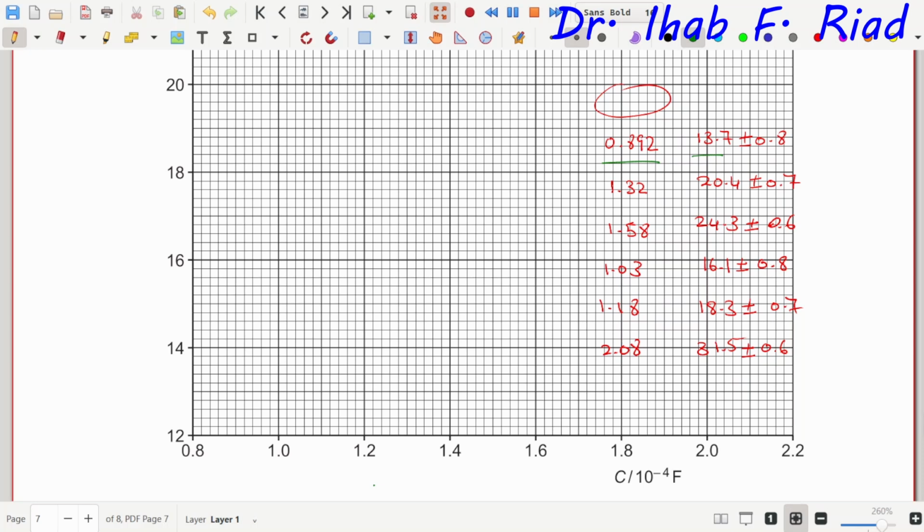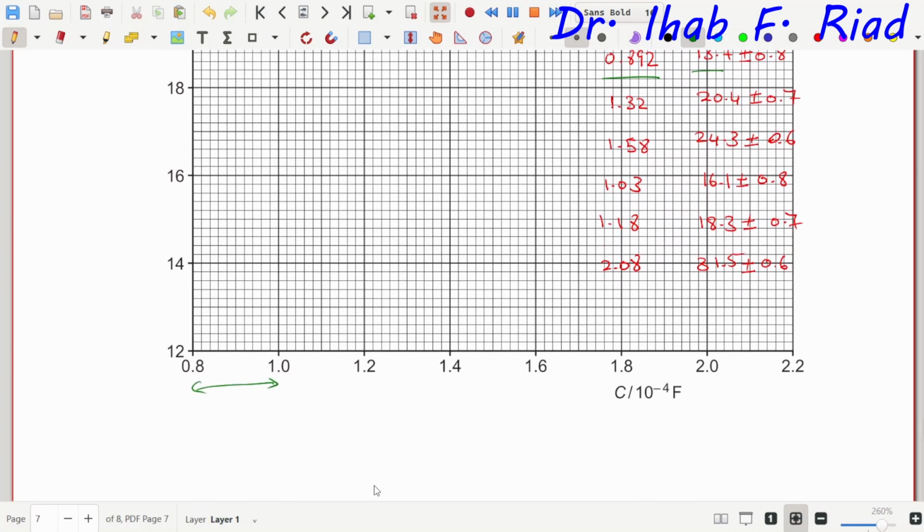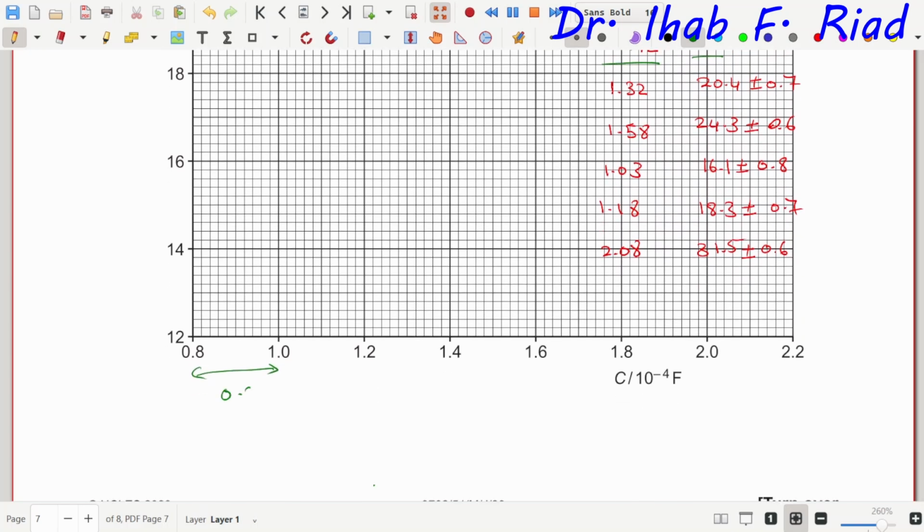Okay, now let us investigate the scale on the x-axis. So each big square is 0.2 times 10 to the power minus 4 farad. Then each small square is 0.2 divided by 10 equals 0.02.